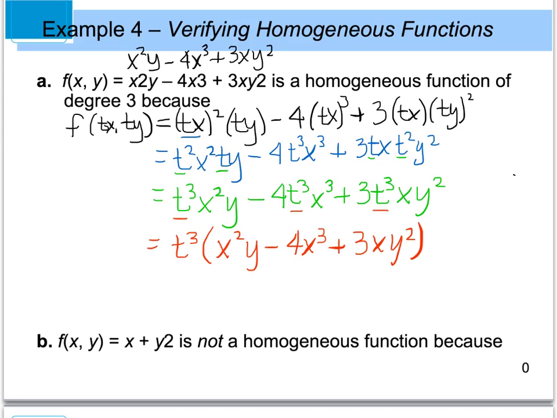Now if you notice, t cubed is being multiplied by your original function, x squared y minus 4x cubed plus 3xy squared. So I can really rewrite this as t cubed times your original function f of x, y. So I just proved that this was a homogeneous function of degree 3.